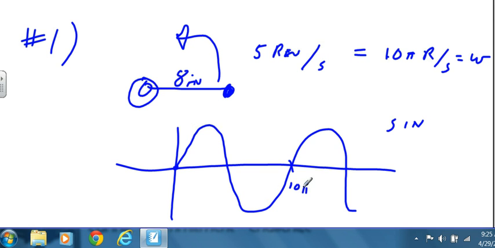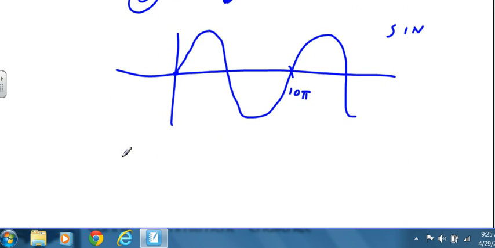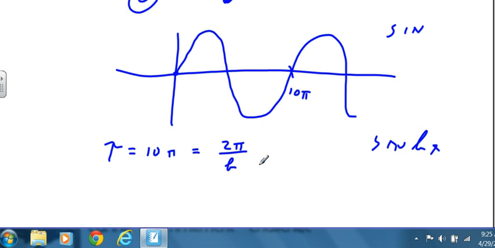All right, so now I know my period's 10 pi, and I know that that has to equal 2 pi over something b, because I'm going to have sine bx when I write my equation. So I put that over there and this over there, and I get that my b is equal to 1/5.